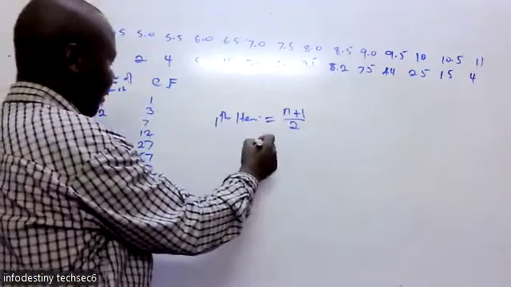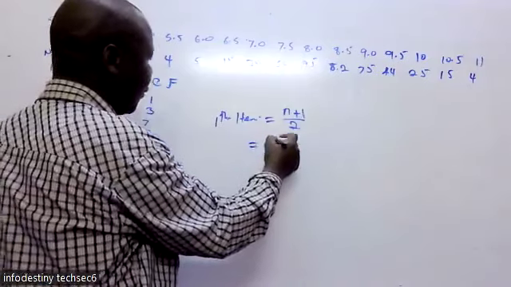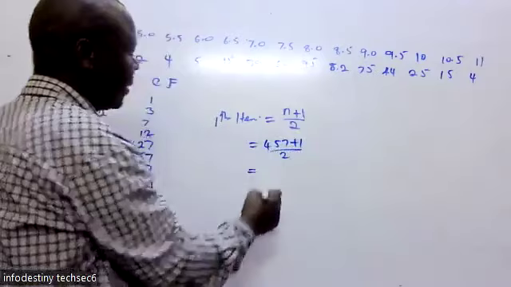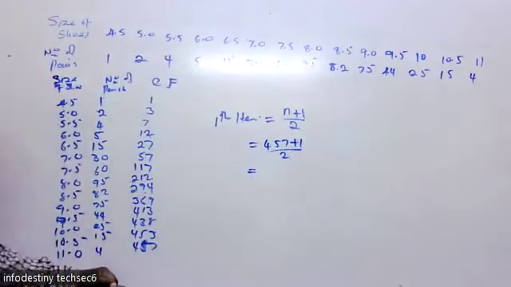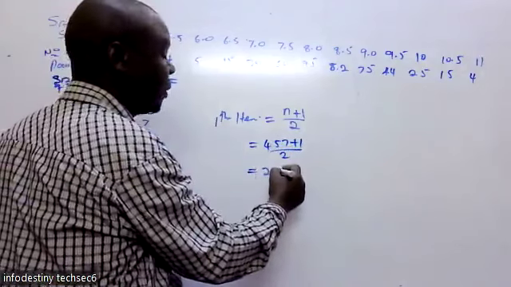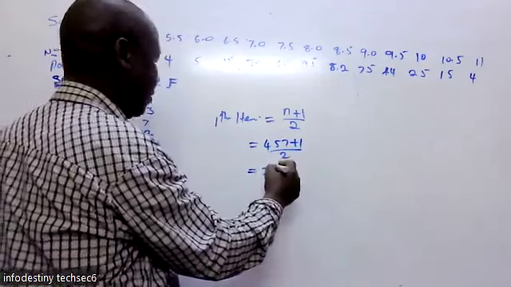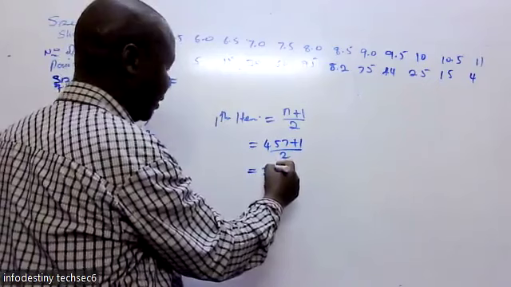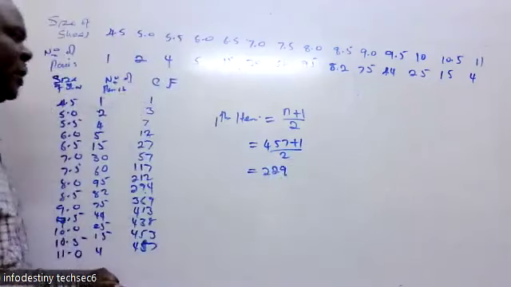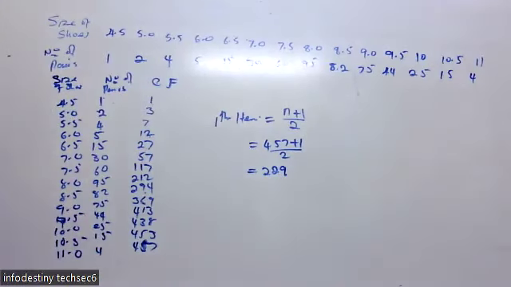And that's going to be equal to 457 plus 1 divided by 2. It's going to give us what? 229. So the 229 is falling where?